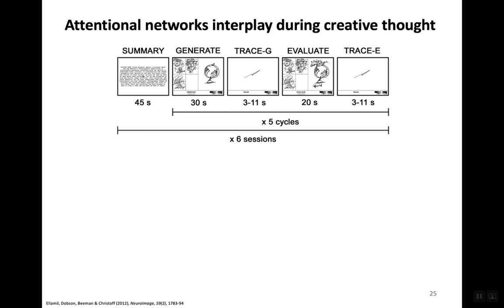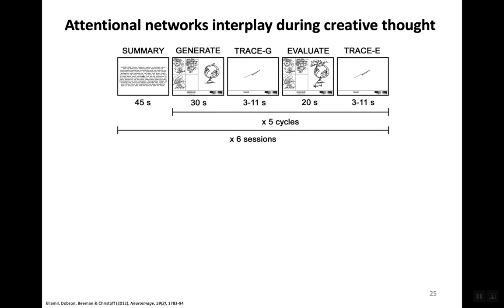However, what happens more interestingly is next in an evaluation stage, when the very same participants were asked to look at what they generated and think about what went well, what was not so well, what can be corrected, and so on and so forth.